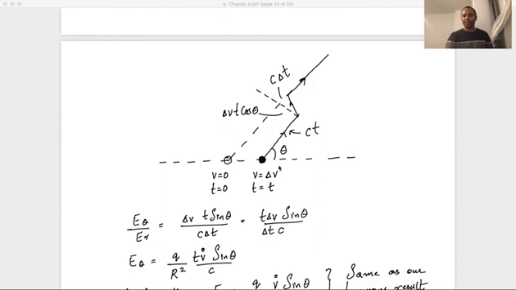Then I give it a jerk, and move it by a velocity delta v, in an infinitesimal amount of time, delta t. So delta t was the duration over which the velocity went from 0 to delta v. Now I'm going to look at this picture at a time t afterwards. At time t, the information of the new position of the charge has traveled a distance c times t.